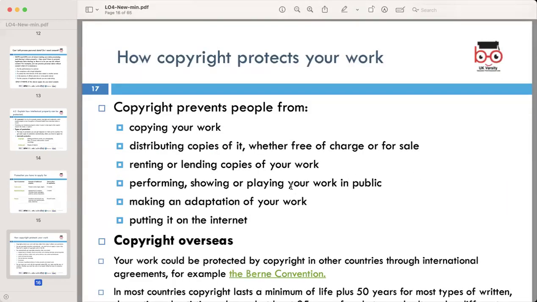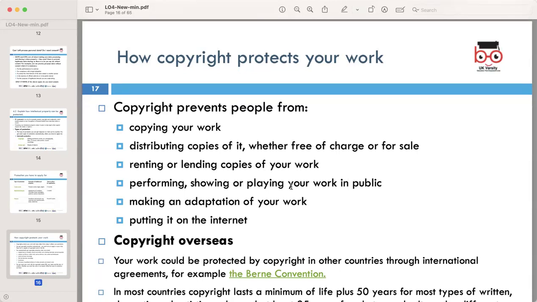How does copyright protect your work? Copyright prevents various actions on your work, including distributing copies, free of charge or for sale, renting or lending copies, performing, showing or playing your work in public, making adaptations, and placing it on the internet.